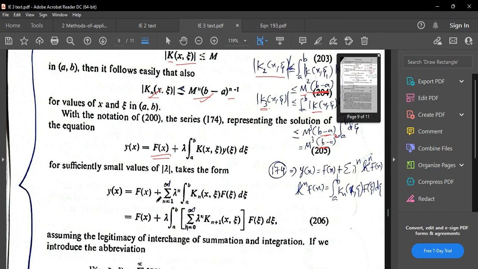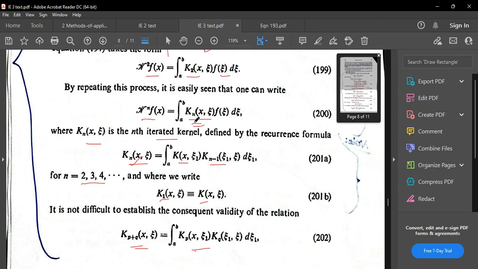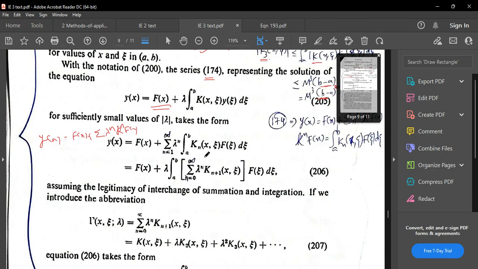The solution we have already computed as y of x is equal to capital F of x plus the summation of lambda raised to n, script K raised to n of capital F of x, in equation 174. Equation 174 takes this form because we have defined this new notation. So Kn of capital F will be replaced by this one, as capital Kn.